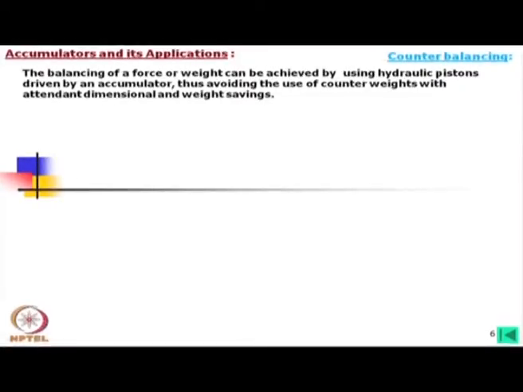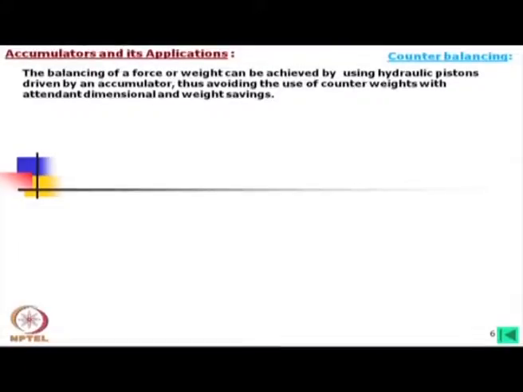Now, for counterbalancing, earlier we have learned that counterbalancing systems can be designed using pressure control valves. However, to some extent, if we use an accumulator, then similar performance is also available, and this is not for very large loads, but for small loads, and maybe for small strokes it will be suitable.